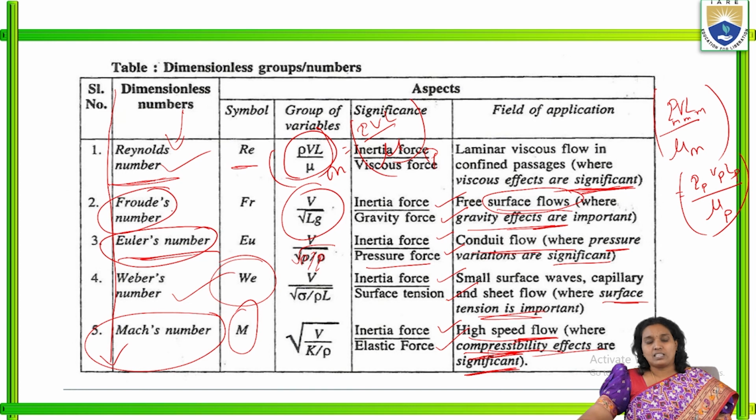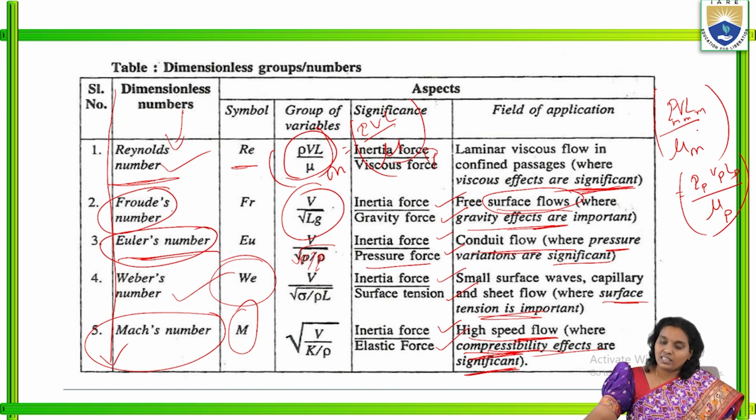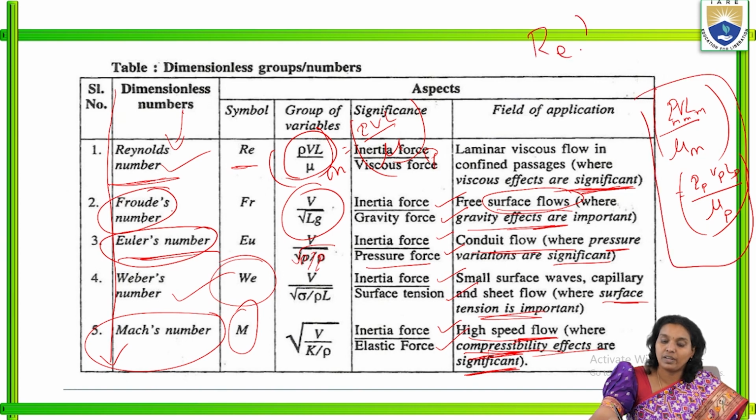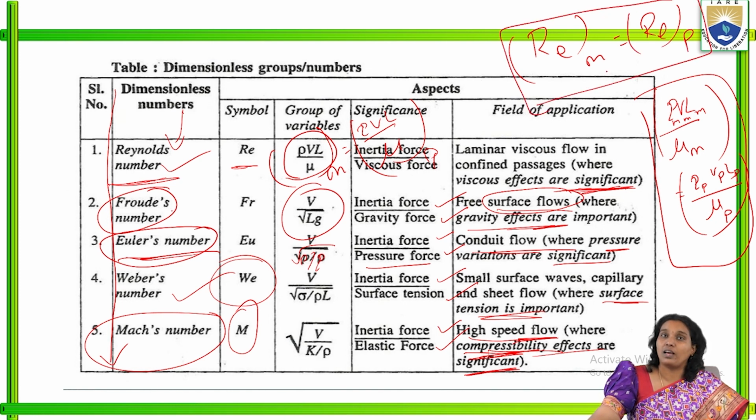Next, similarly there are the model laws: Reynolds model law, Froude model law, Euler's model law, Weber's law and Mach's model law. The Reynolds number of the model is equal to the Reynolds number of the prototype. This is the Reynolds model law.